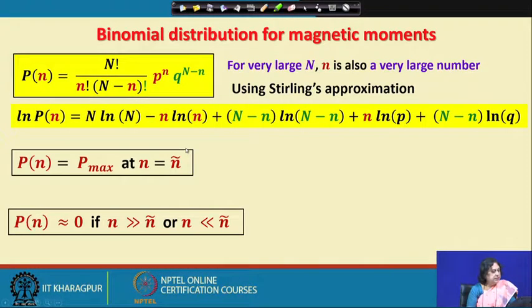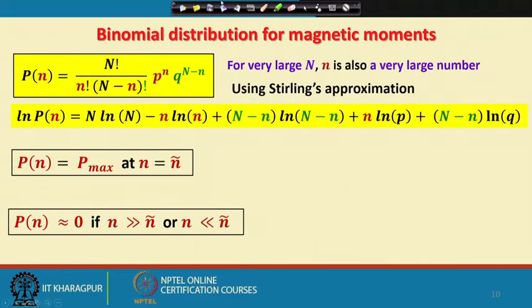Now, this also tells me that if I go on increasing capital N, I am going to see one prominent maximum in P(n), and most of the non-zero values of P(n) will be located around this location of the maximum. This is what has been the observation from the binomial distributions that I have been showing to you before.